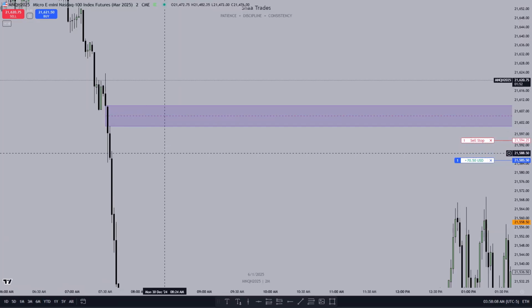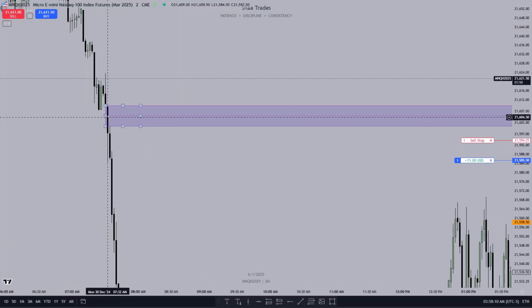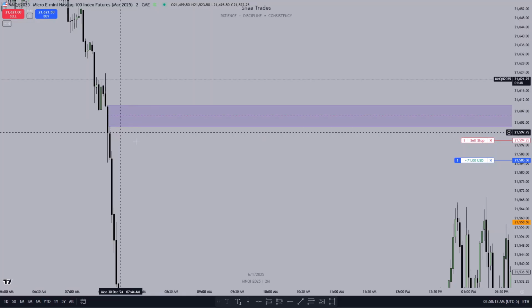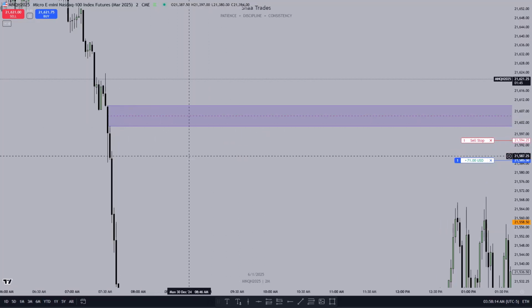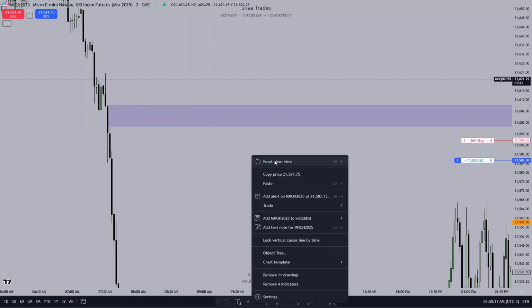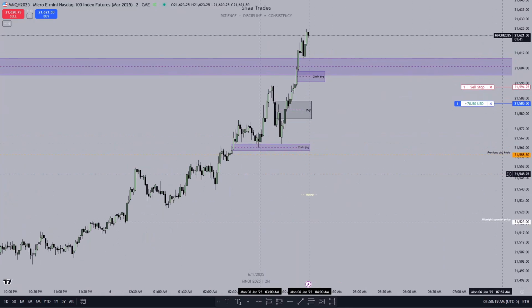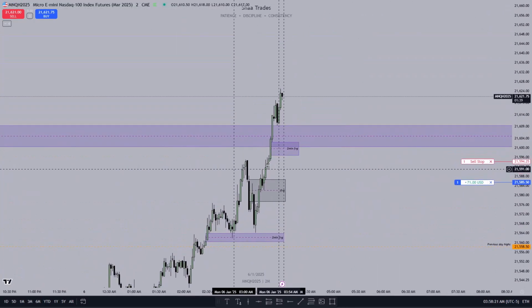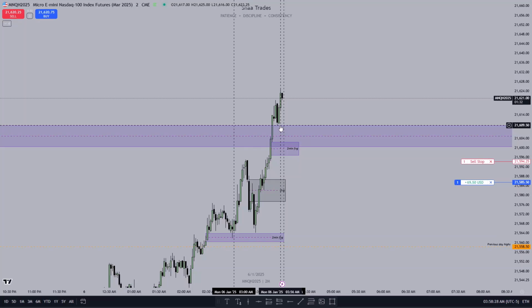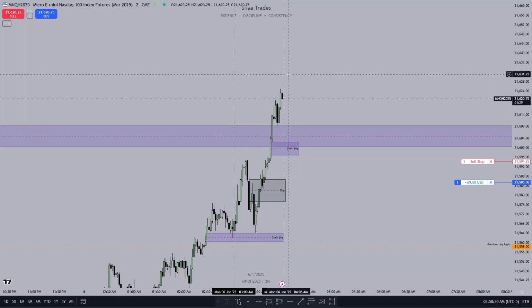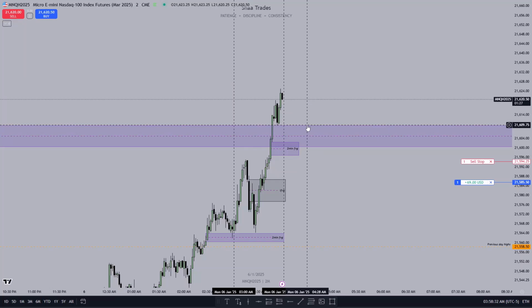I'll mark this out, and price closes above it, right? Price closes above it, and we use it as an inversion. Watch. See, close above it, comes back, hits it, and then rallies.